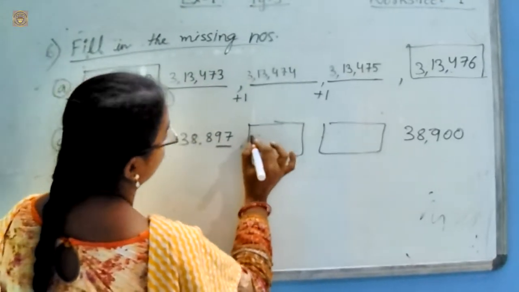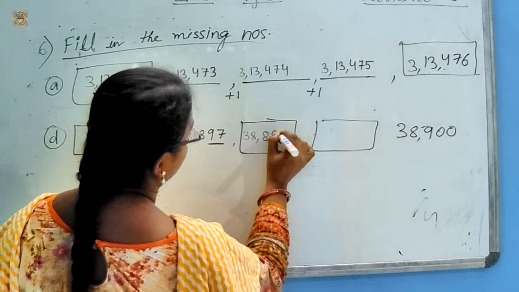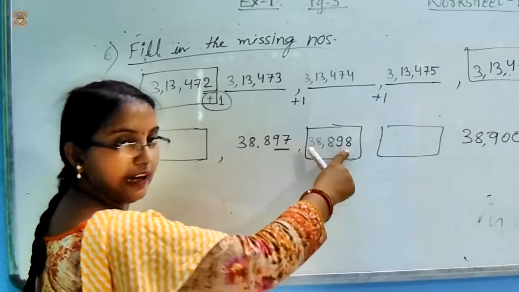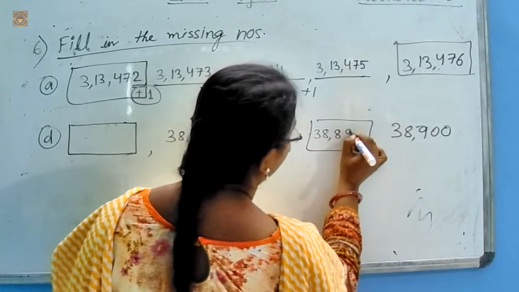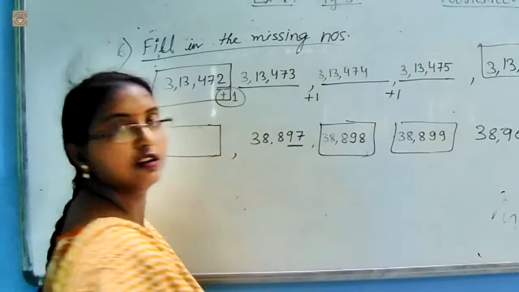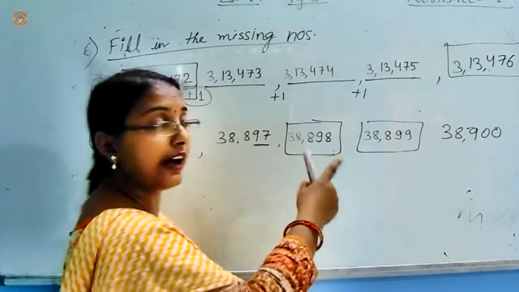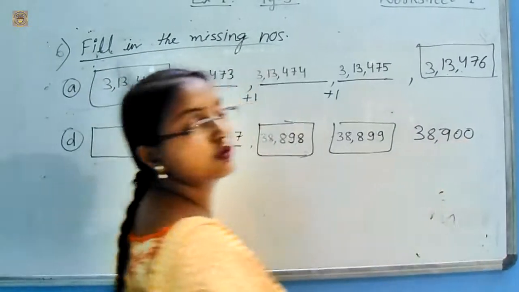So the 2 vacant places can be filled up as 38,898 and 38,899. So look here, if we add plus 1 we will get the last number.